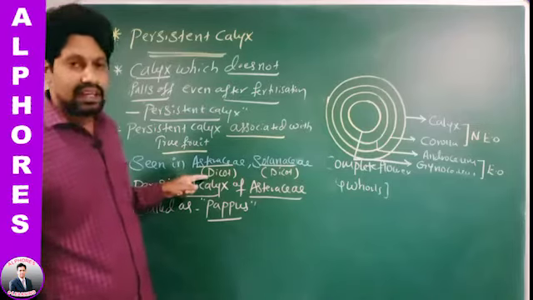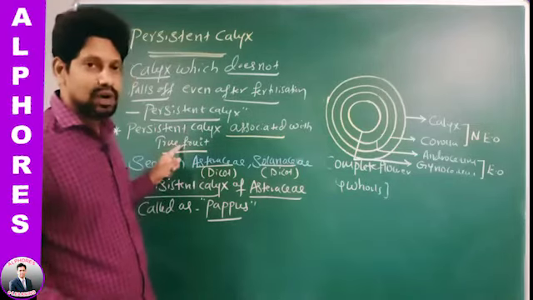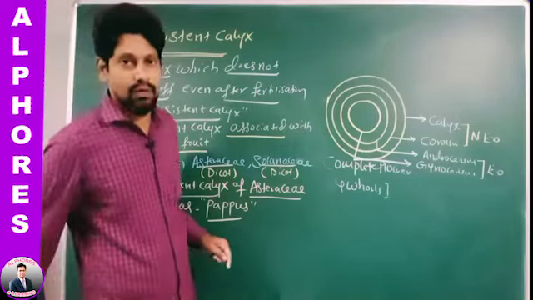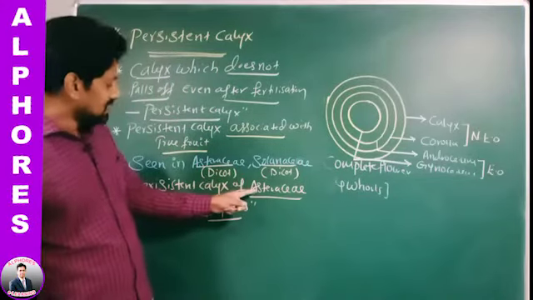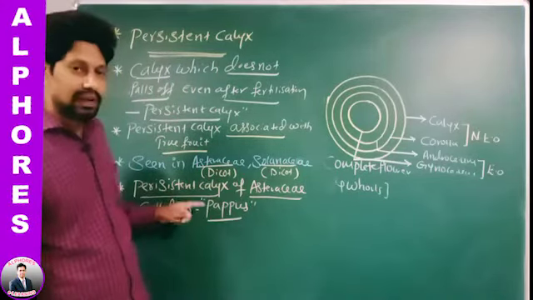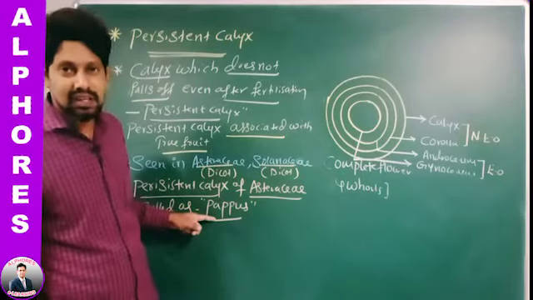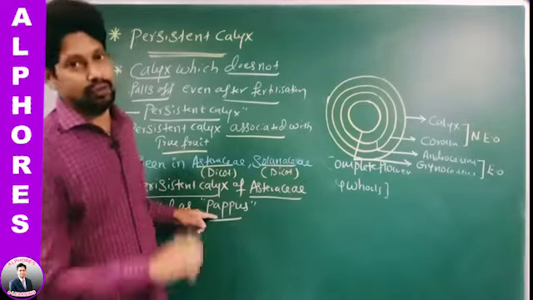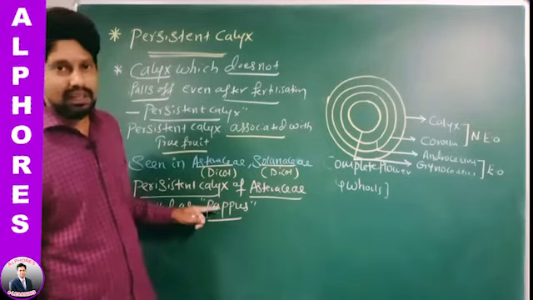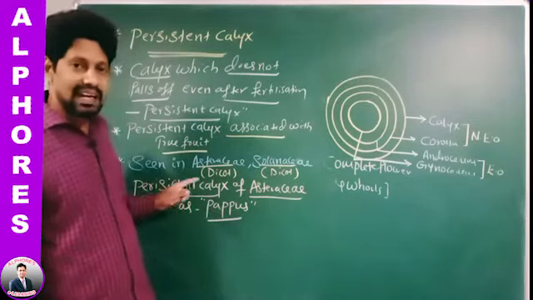Just now I told you persistent calyx should be associated with what, sir? True fruit. Yes or no? Persistent calyx should be associated with true fruit. Sir, in Asteraceae family, we are calling persistent calyx pappus. It means this pappus should be associated with which fruit? True fruit. Pappus is nothing but the persistent calyx of Asteraceae.